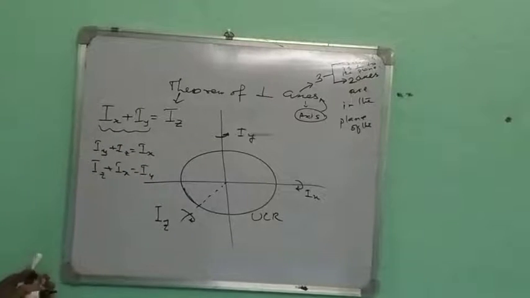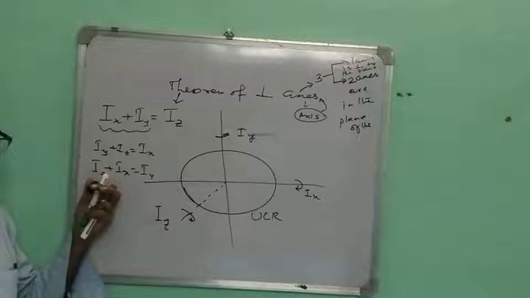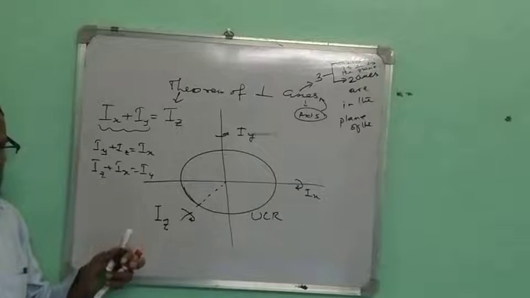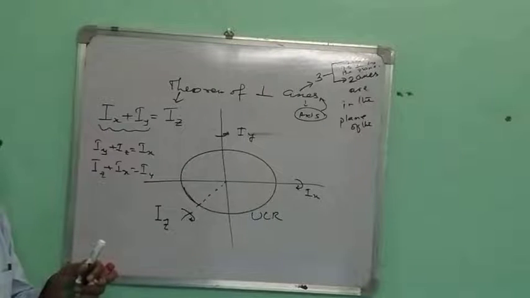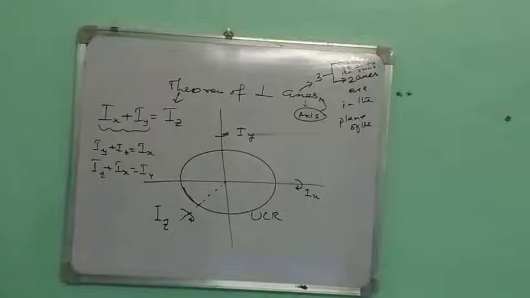One thing is important: the two component moments of inertia should be in the plane of the body, and perpendicular to the plane, that should be the resultant. Is it clear? Okay.